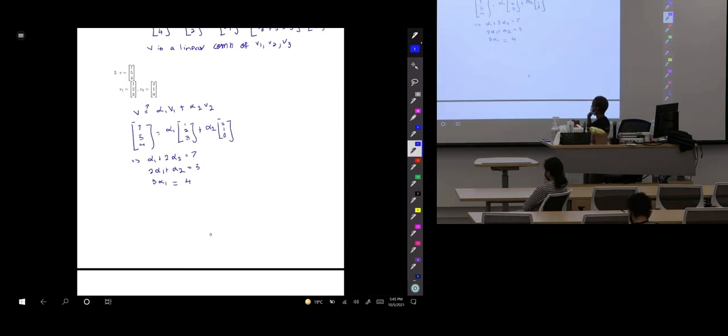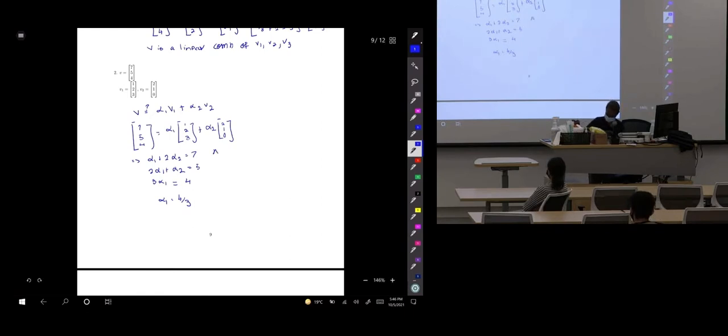So given this, what is alpha 1? Exactly. So alpha 1 is 4/3. So what now? I know that alpha 1 is 4/3. How do I progress? Exactly.